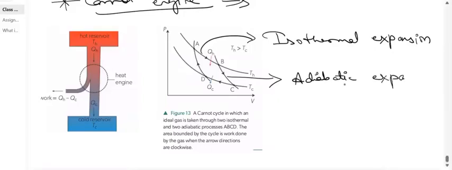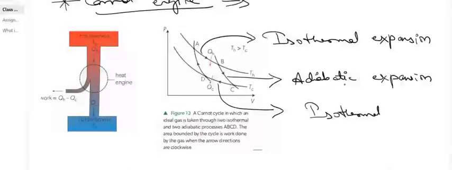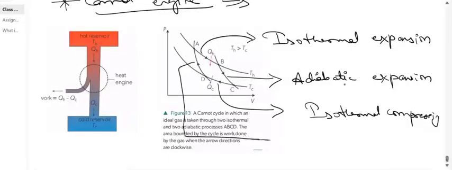No heat is exchanging. Now, if I explain this particular part, it will be isothermal compression. See, it is compressing towards up again. I'll explain this part. Don't worry. And then this is adiabatic compression.